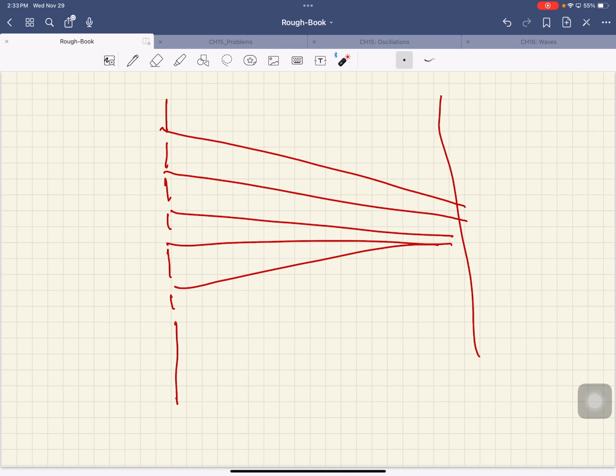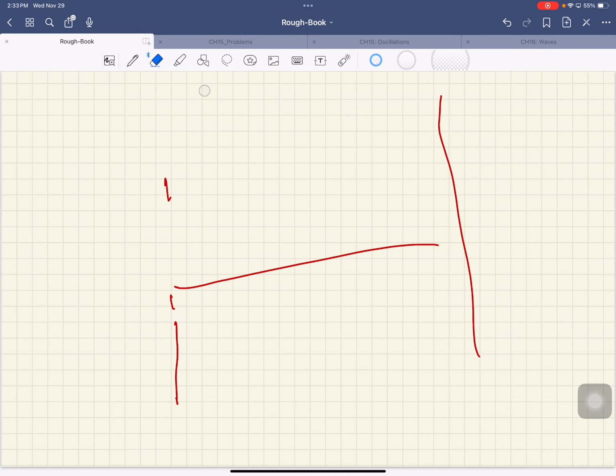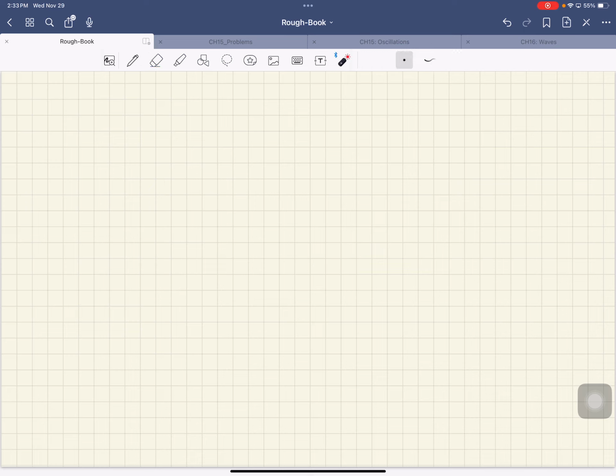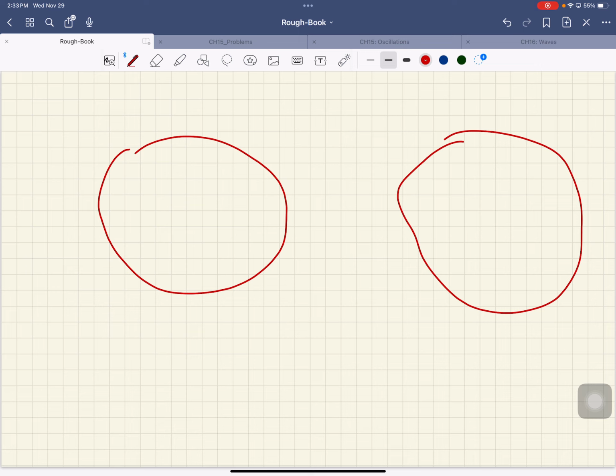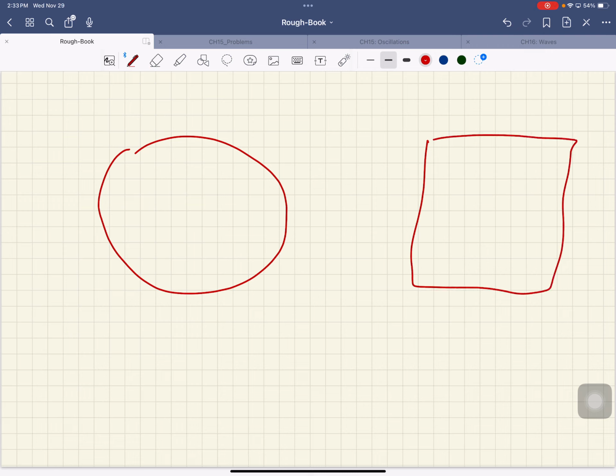The thought was that different shapes would produce different frequencies, given everything else being the same, made of the same material and so on. So here's this drum shape and that drum shape. And the question is, by just listening to the music produced from that drum, can you tell the shape of the drum?